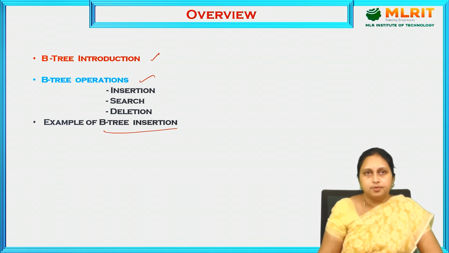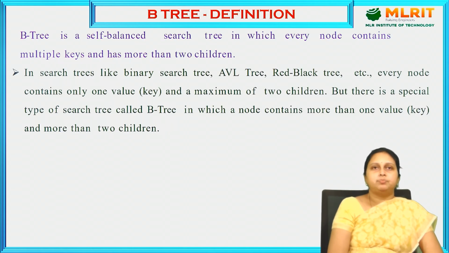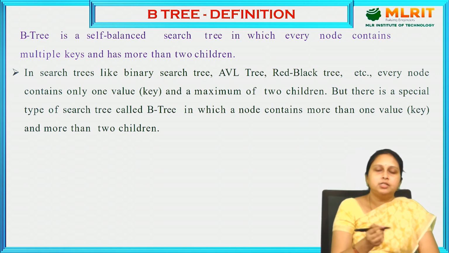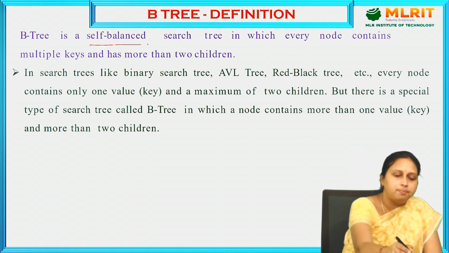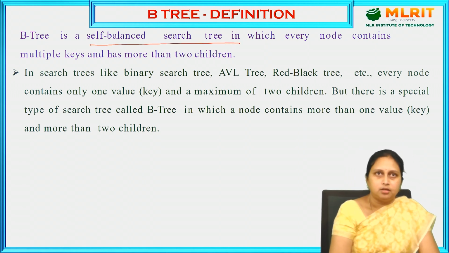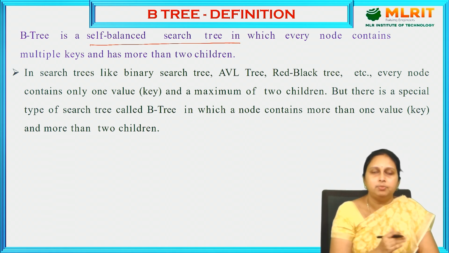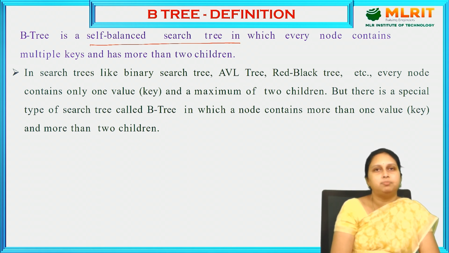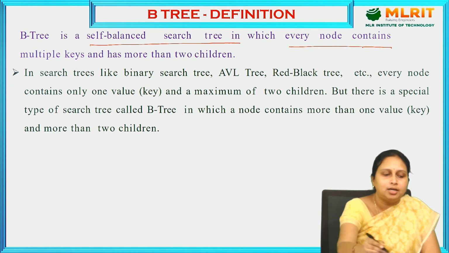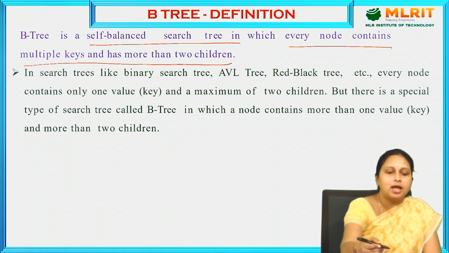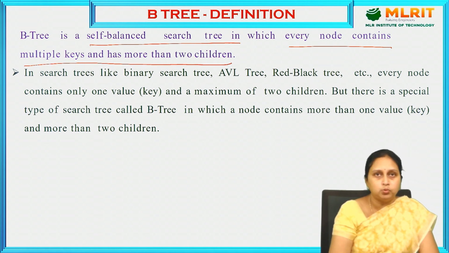Okay. Let us see what is a B tree. A B tree is also known as a self-balanced search tree. As the AVL tree is one of the alternatives for BST, like that, a B tree is also a self-balanced search tree in which every node contains multiple keys and has more than 2 children.